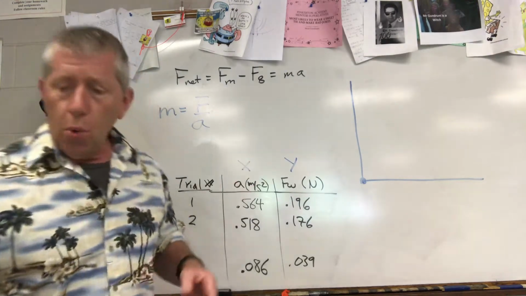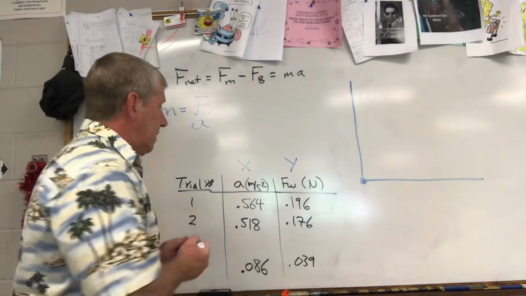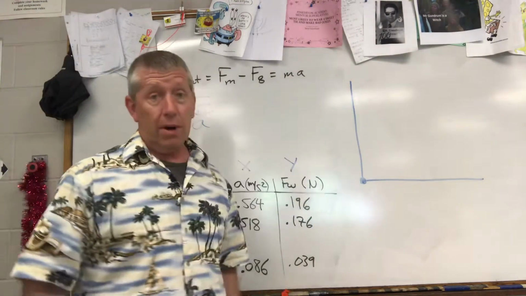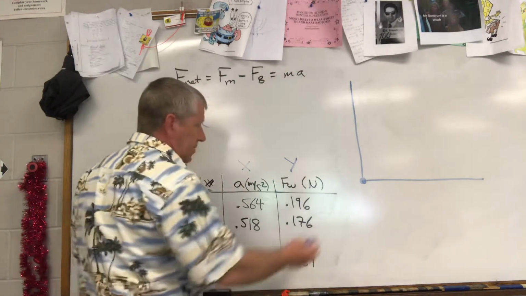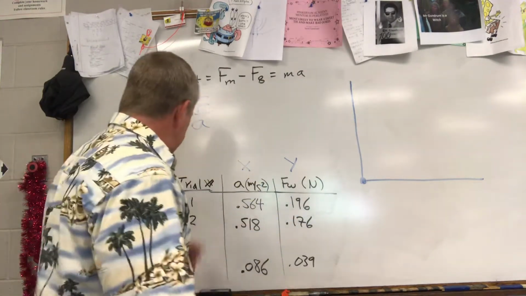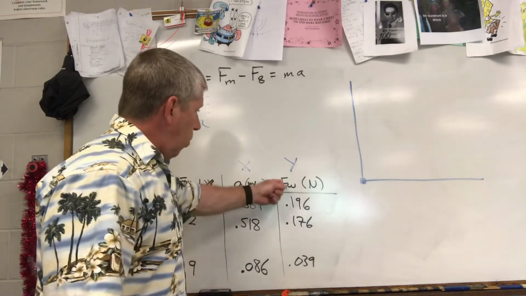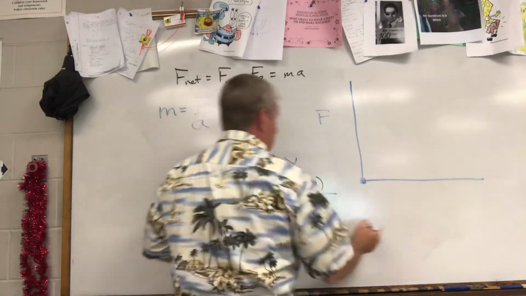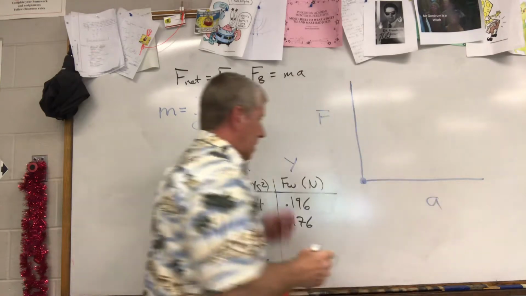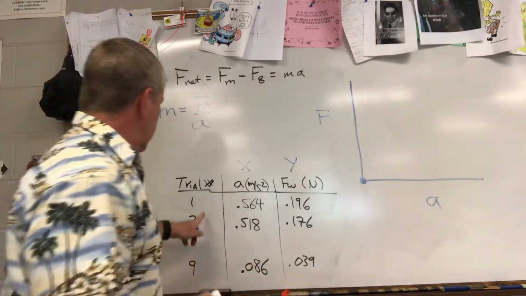All right, so once I get this done, I don't have graph paper here. I'm just going to eyeball this. But I know 0, 0 has got to be a point. So on the y-axis, this is F, and on the x-axis, this is A. All right, so we'll graph some points.